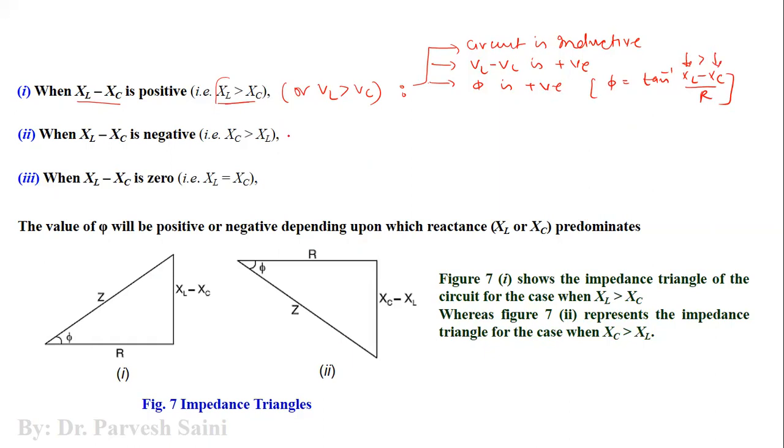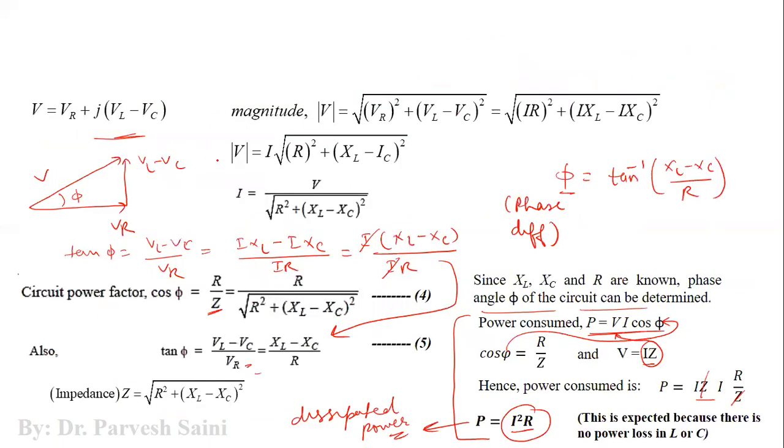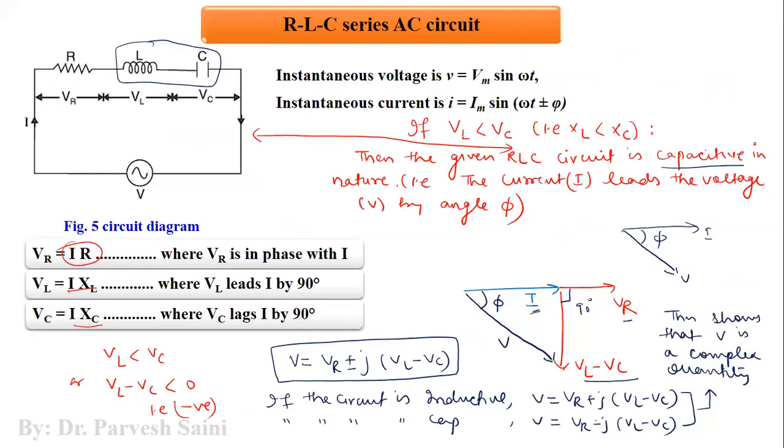Similarly, we have the second case wherein XL minus XC is negative. This would be negative when your VL is less than VC, right? Now you can see it here in this slide. If VL is less than VC, so VL minus VC is negative, right?